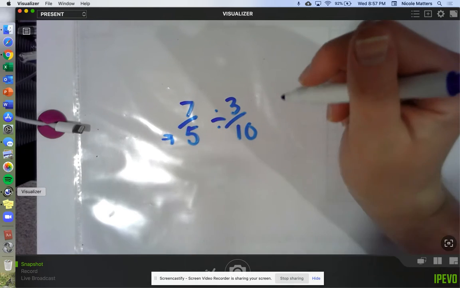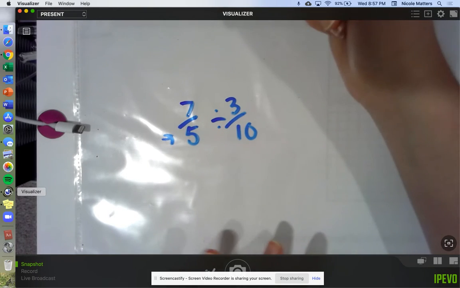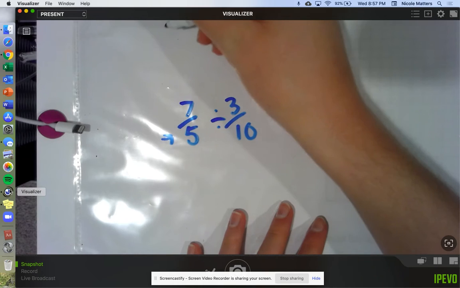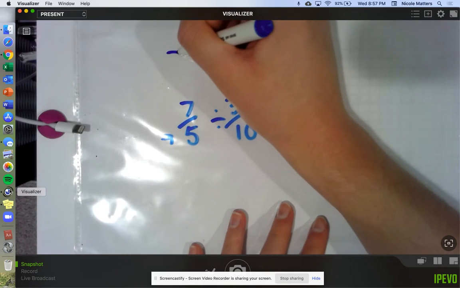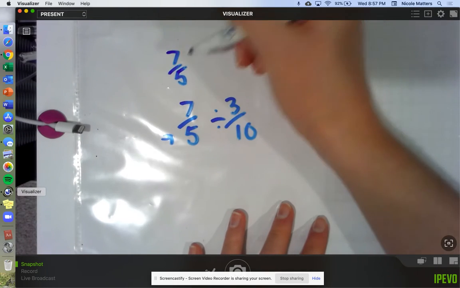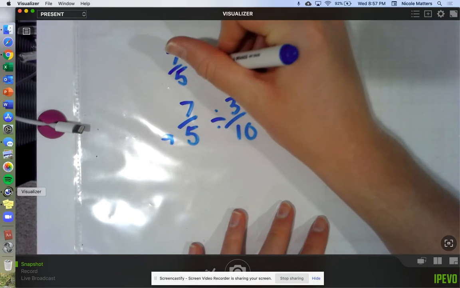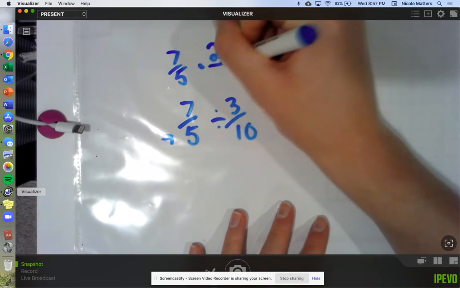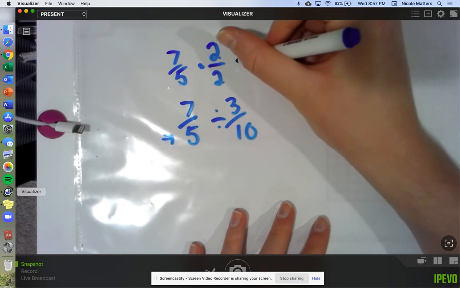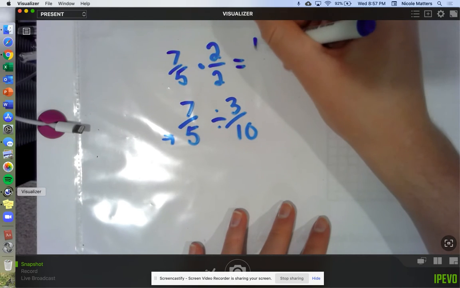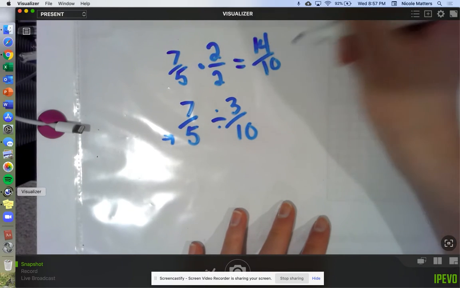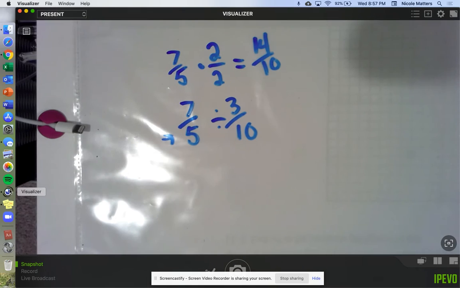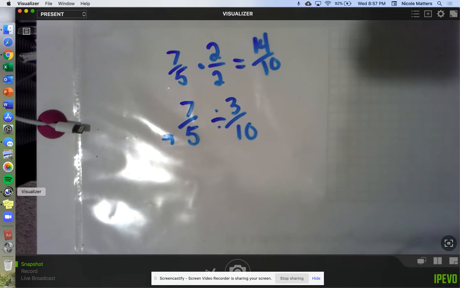I know that 5 times 2 equals 10, so I'm going to rewrite it up here. 7/5 times 1, which I'm going to represent as 2/2, is equal to 14/10.